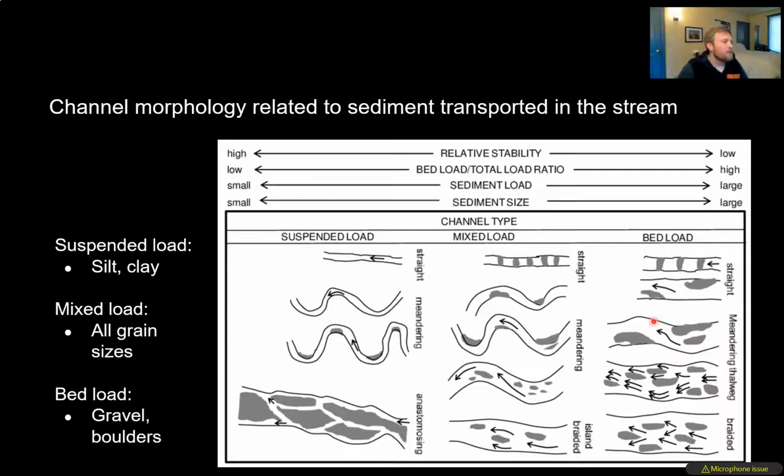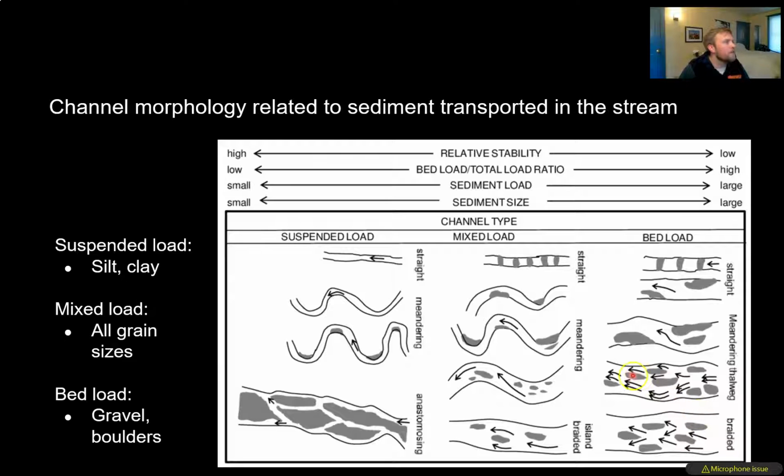In a straight channel, you might have very distinct straight channels, but also little point bars that form inside of that channel. And then in meandering and braided streams, you end up with large point bars of cobbles and boulders, or braided islands of sediment in braided rivers.